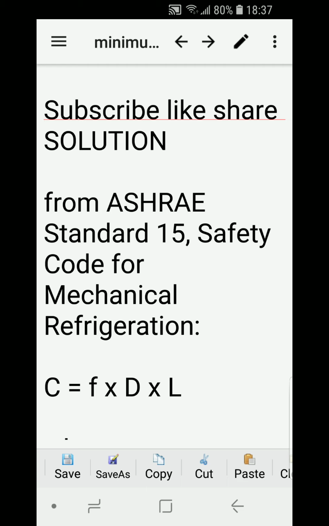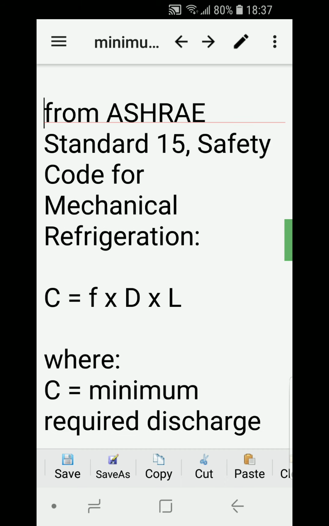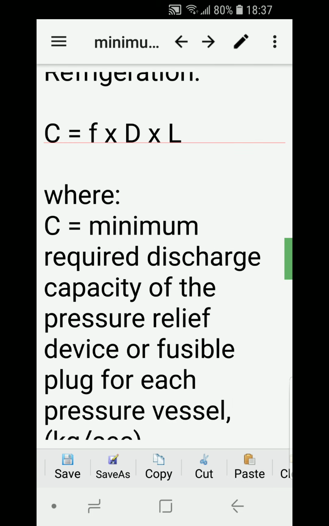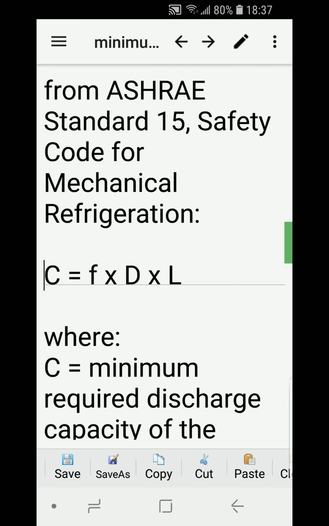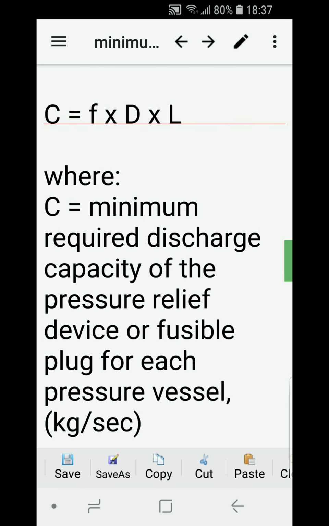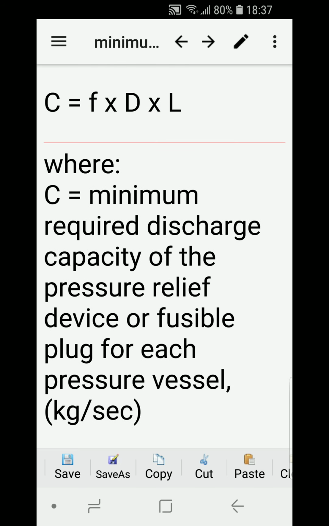So from the ASHRAE Standard 15 Safety Code for Mechanical Refrigeration, we have the following formula here. C is equal to F times D times L, where C is equal to the minimum required discharge capacity of the pressure relief device or fusible plug for each pressure vessel in kilograms per second.